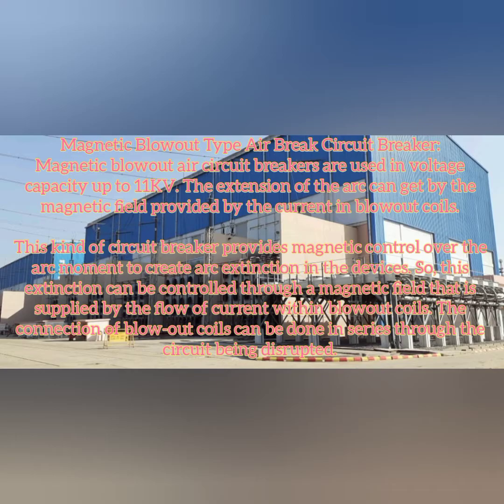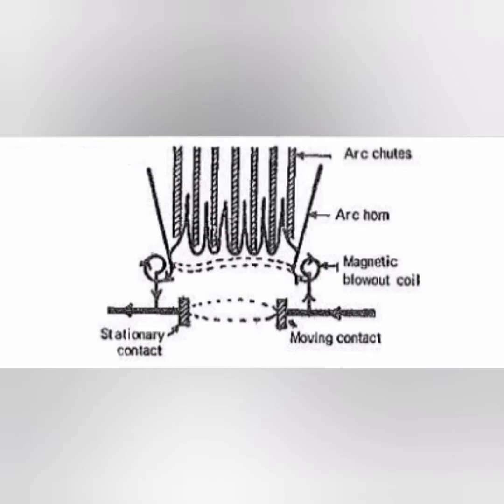So let us see a small explanation of a diagram for this magnetic blowout coil. As I said, the moving and the fixed contacts are there, and the blowout coils are connected in series with these contacts. Then arc horns and arc chutes, which means the arc splitters, are at the top of these magnetic blowout ACBs.